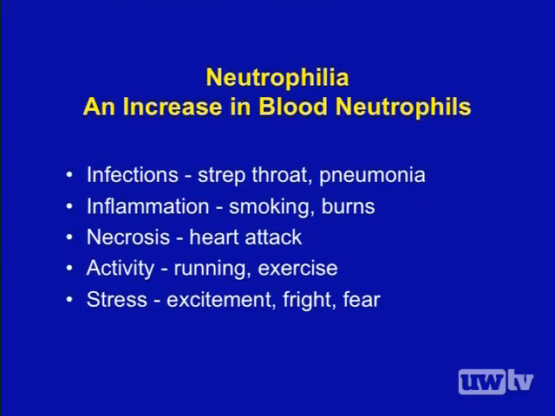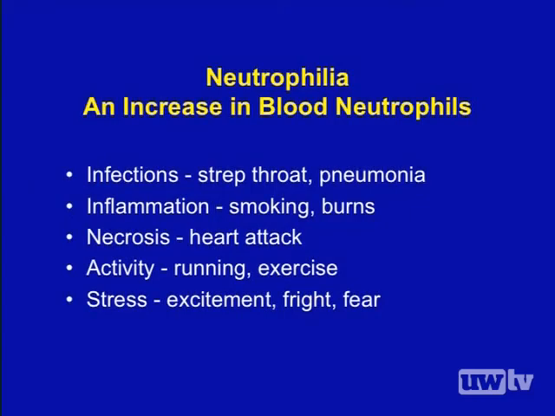In the population, maybe not now, maybe not in Seattle, but worldwide, probably smoking is the most common cause of an elevated white blood cell count because it's a chronic inflammatory stimulus. The tobacco tars in the lungs cause this to occur. And this is considered to be part of the mechanism for the problem of atherosclerosis and the accelerated hardening of the arteries that goes on in association with smoking.